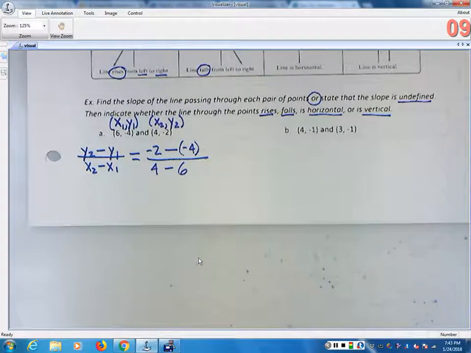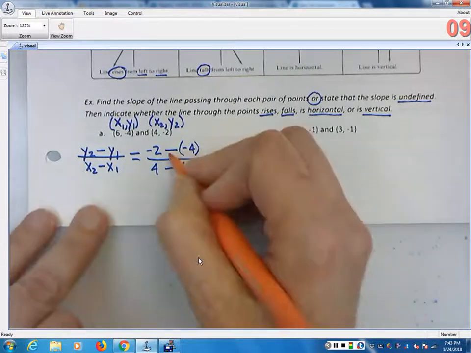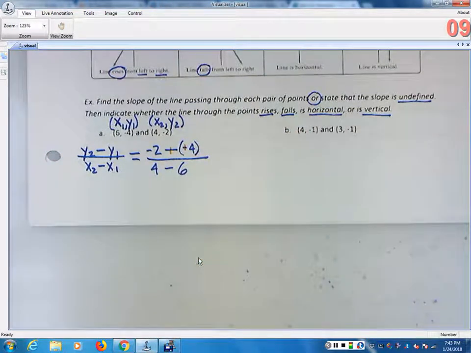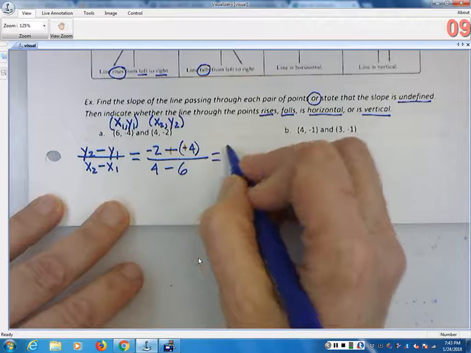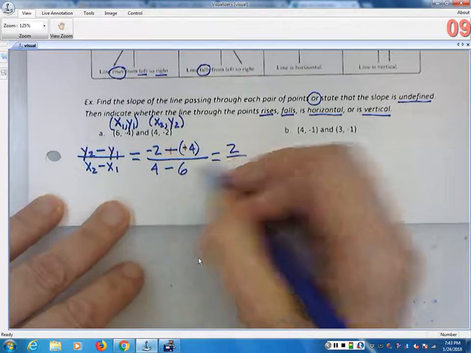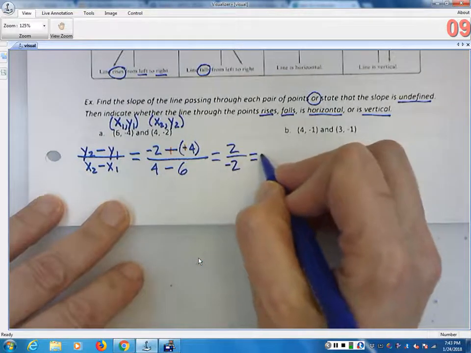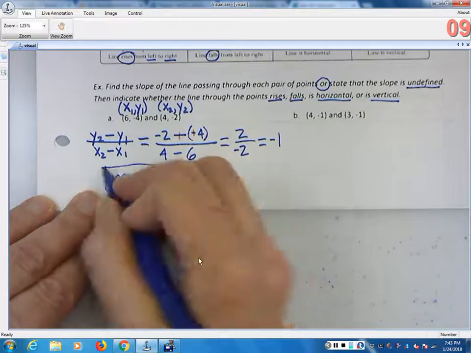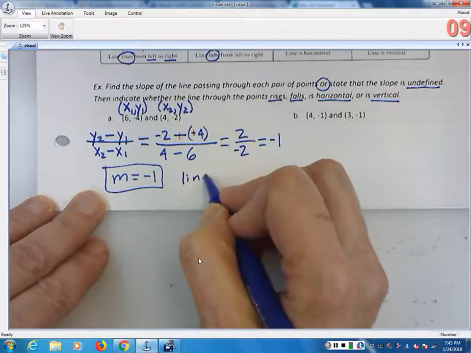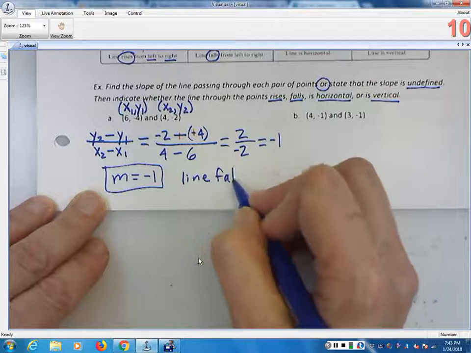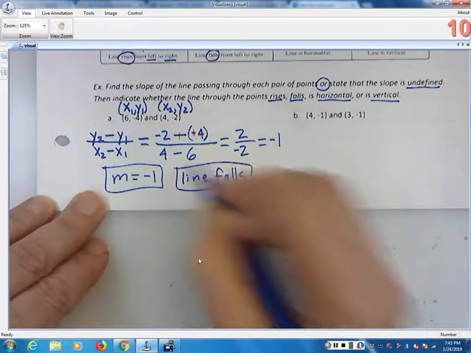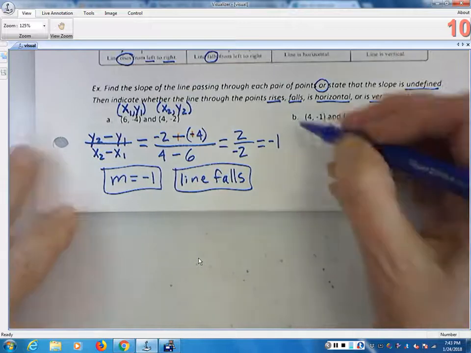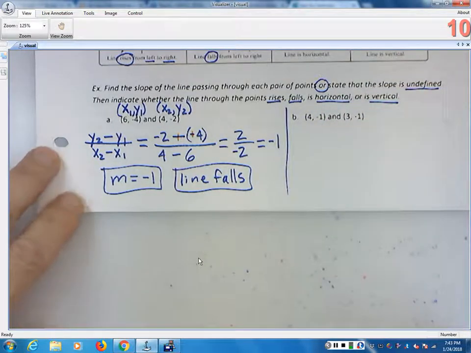And then we minus and negative, the same as positive. So -2 plus 4 is 2. And 4 minus 6 is -2. So you get a slope of -1. It's negative slope, so the line falls. Okay, so that's finding slope when you have 2 points.